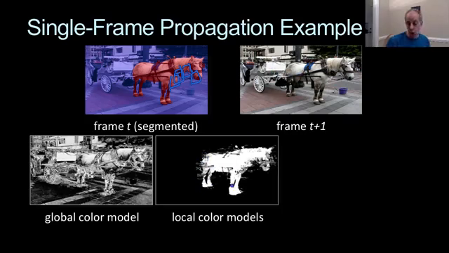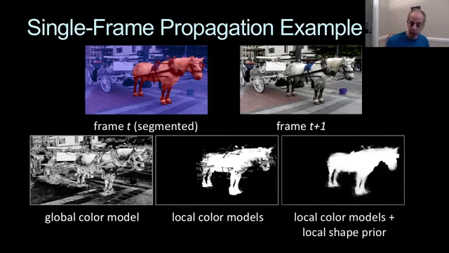But that's where the shape prior, which provides both colors and shape for the next frame, comes to the rescue. And here we see what we get when we combine both locality and shape and color priors. We get a very nice prior that, as I said before, with an algorithm like GraphCut, immediately gets the nice segmentation, and we propagate the segmentation to the next frame.